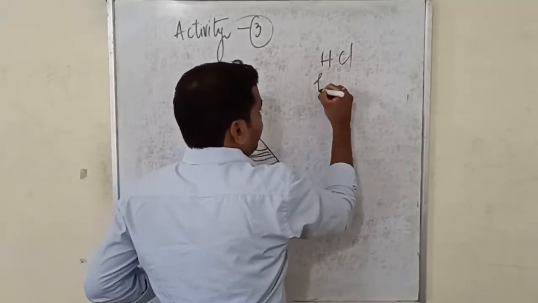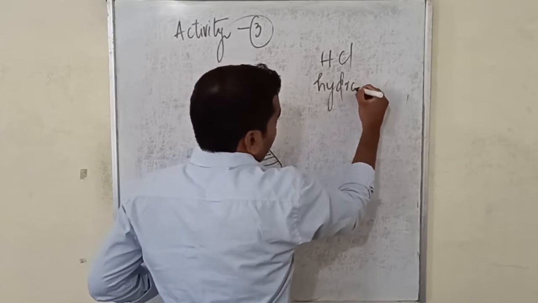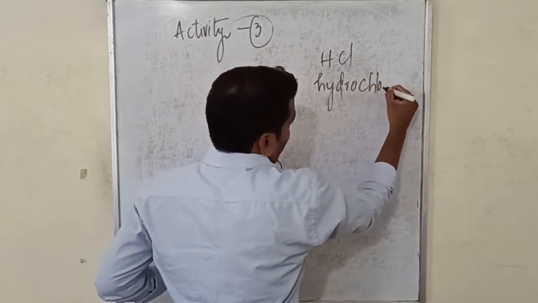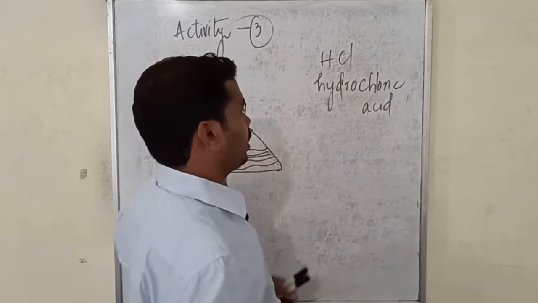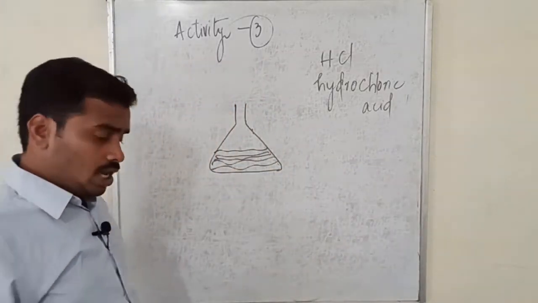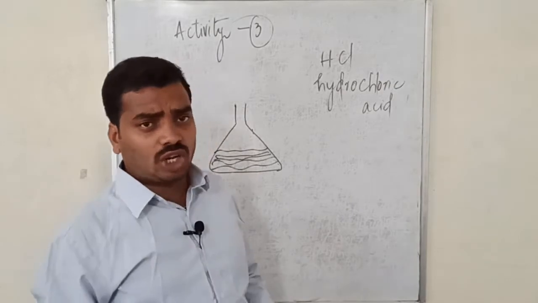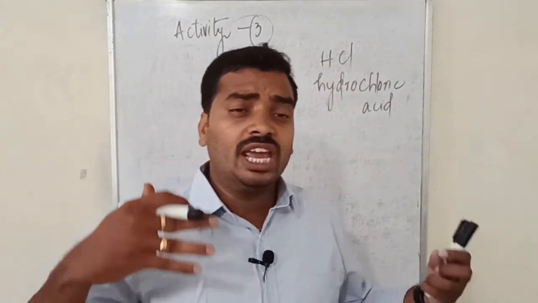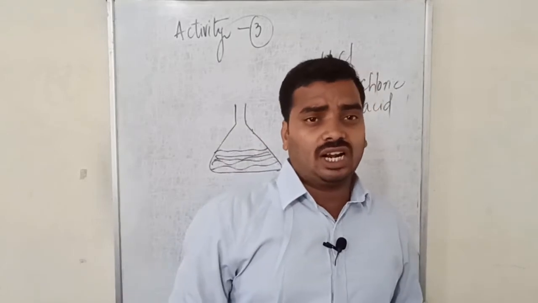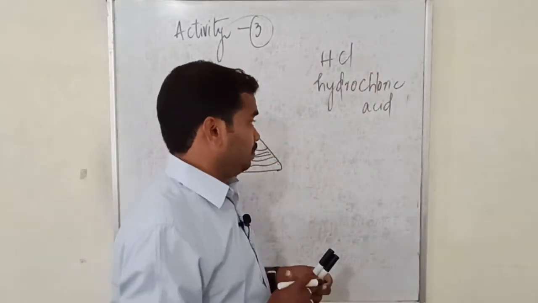Remember, hydrochloric acid, or else hydrogen chloride, you can say. It's a type of acid. Acids would be very much concentrated. As soon as you put your hand, it can peel off your skin, it can corrode your bones also.